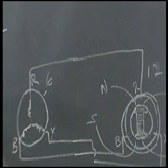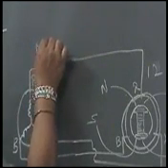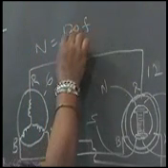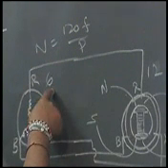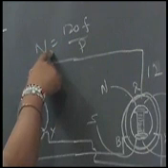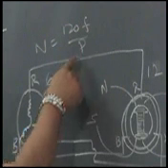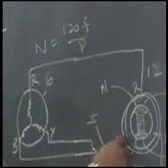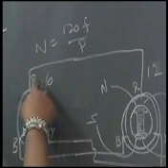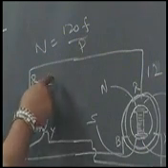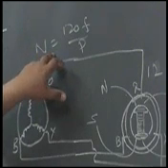Then N is equal to 120 F by P. Here we have reduced the number of poles, so the synchronous speed will be greater because the number of poles has reduced. So if the generator here is moving at say 900 RPM, here the synchronous speed will be double of that. That means 900 into 2, that is 1800. So the synchronous speed here will be 1800.